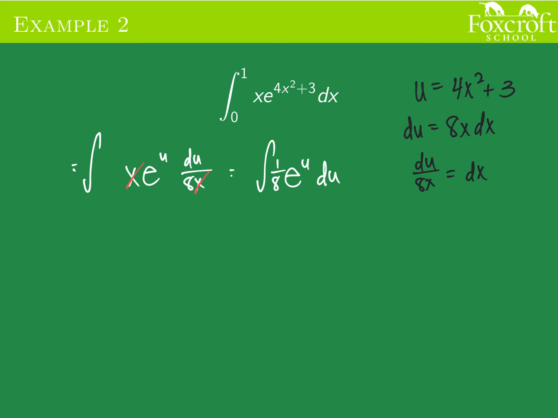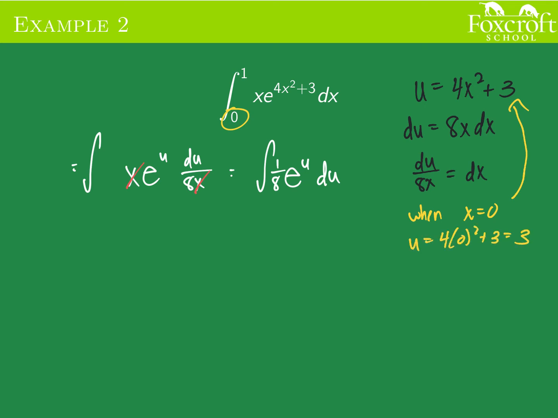All right, so I turn my x expression into a u expression, and I haven't rewritten the numbers yet because instead of using the exact numbers I was given, 0 and 1, related to x, I'm going to convert those numbers into values for u. So when x equals 0, which is this bottom bound, I can use this expression here. u is going to equal 3.